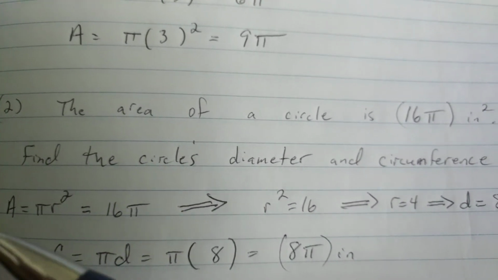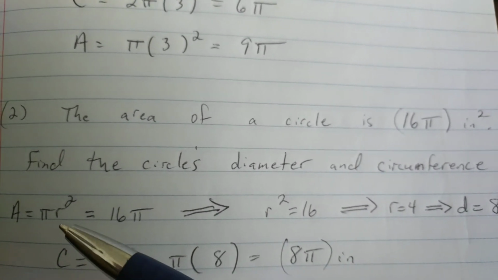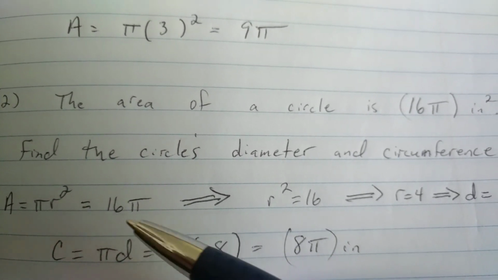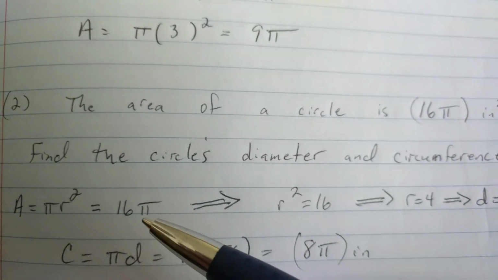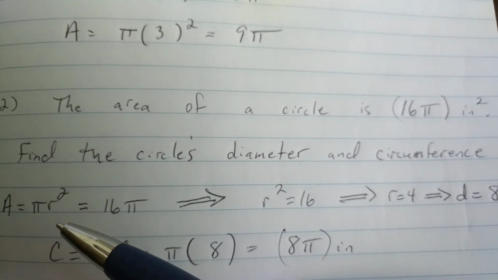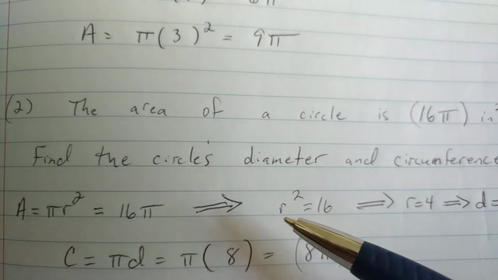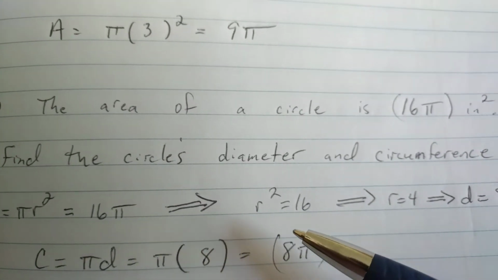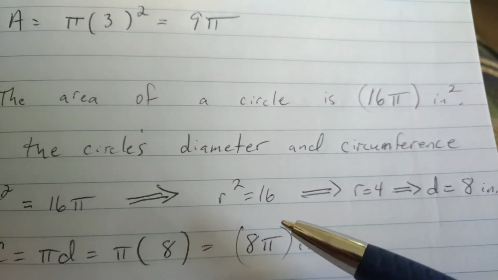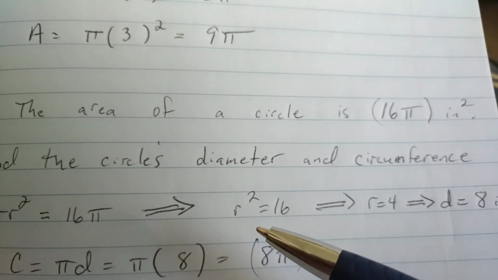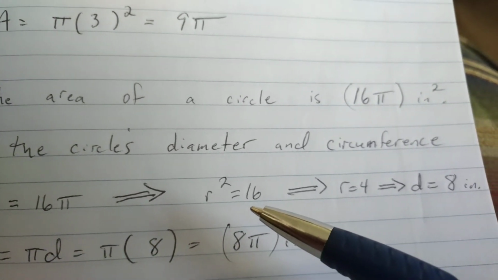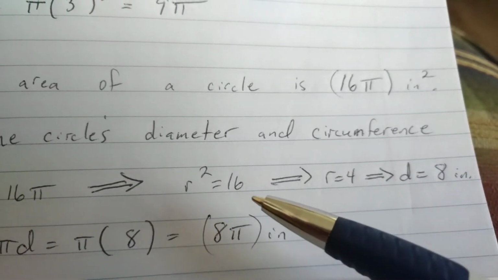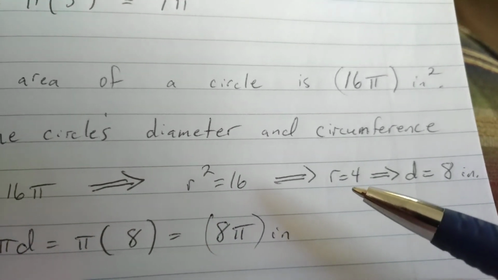Given the area formula is pi r squared, we set that equal to the given area of 16 pi, and that implies, since pi times r squared is equal to 16 times pi, dividing both sides by pi gives me the result radius squared equals 16. Since we're solving for radius, which is a non-negative entity because it's a radius of a circle, we don't worry about plus or minus. So the positive number we square to get 16 is 4. So r squared equals 16 implies r equals 4.